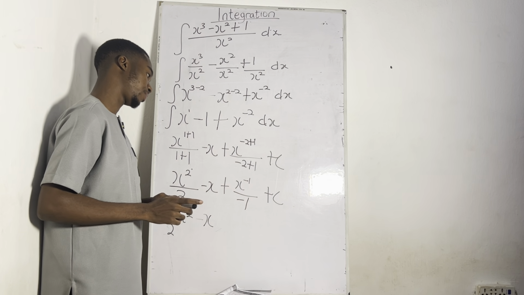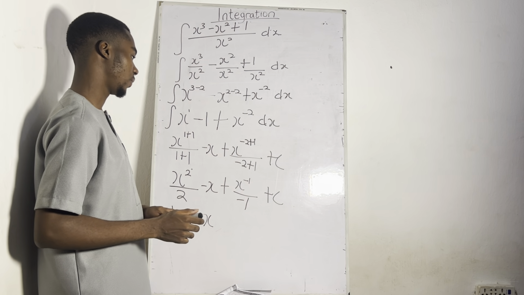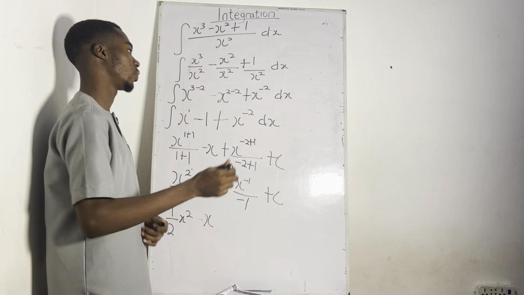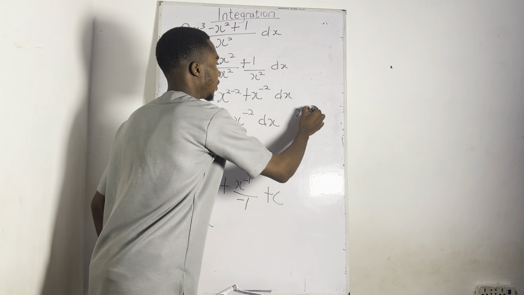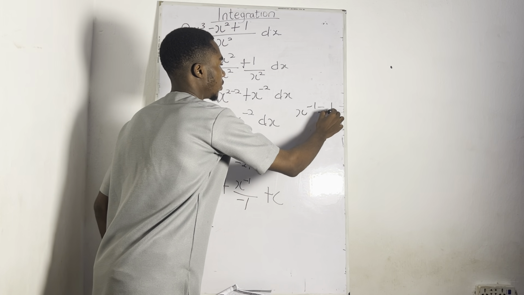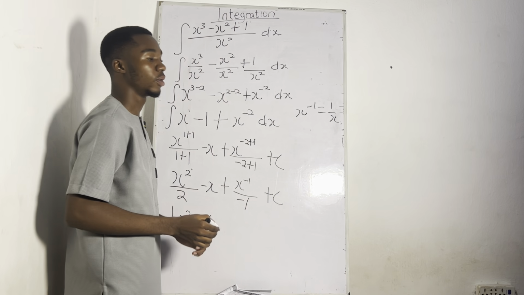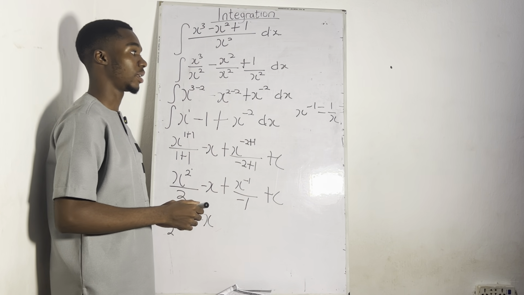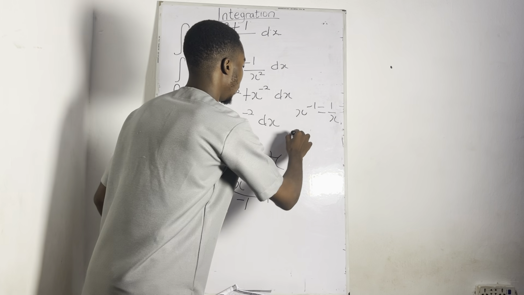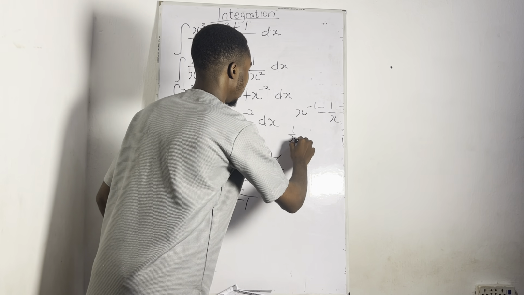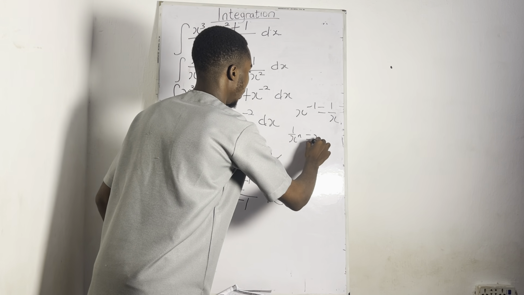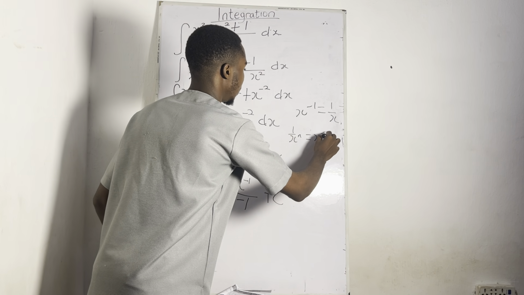Now watch this. X exponent -1 is the same as 1 over x per the laws of indices. And even the formula I just told you: 1 over x exponent n is equal to x exponent -n.